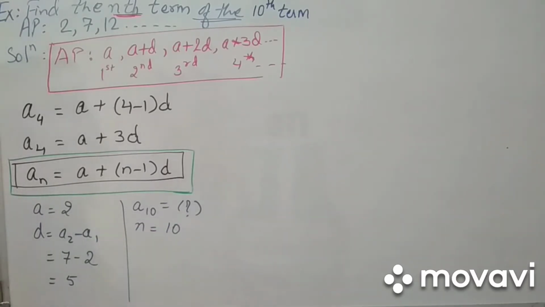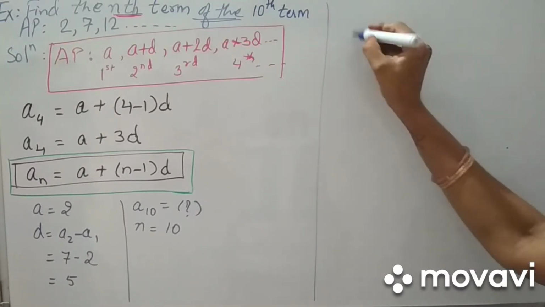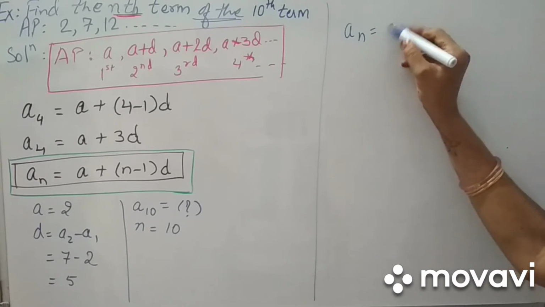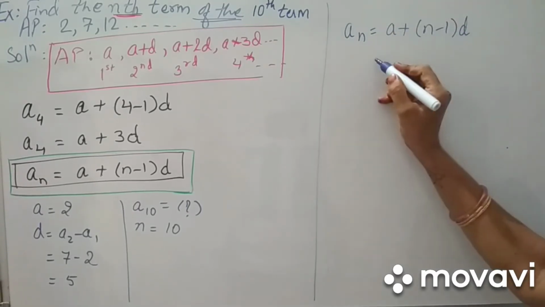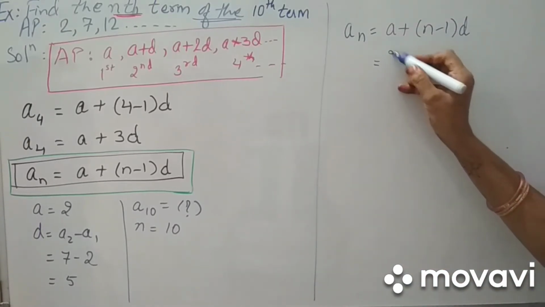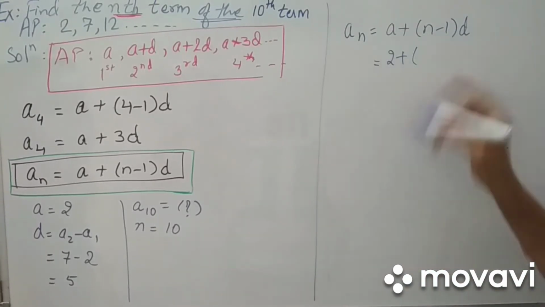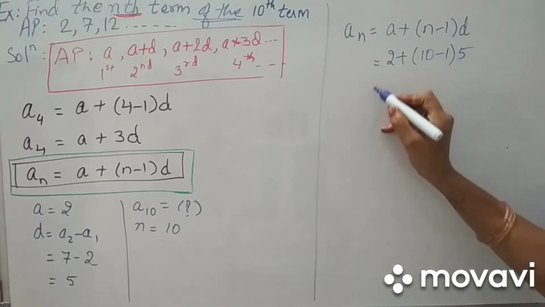Now let us solve it. Put it in the formula. An is equal to A plus n minus 1 into D. Put in what is given to us: A means 2, plus n means 10 minus 1, and D we got as 5.